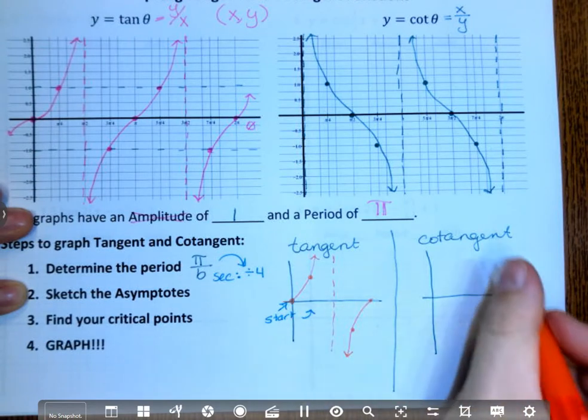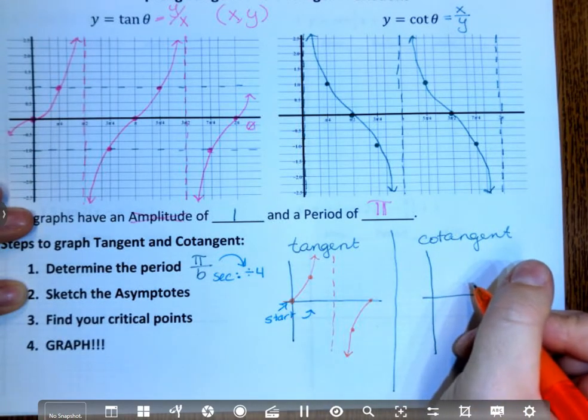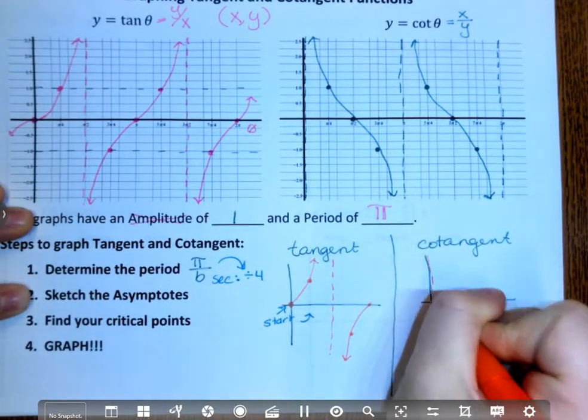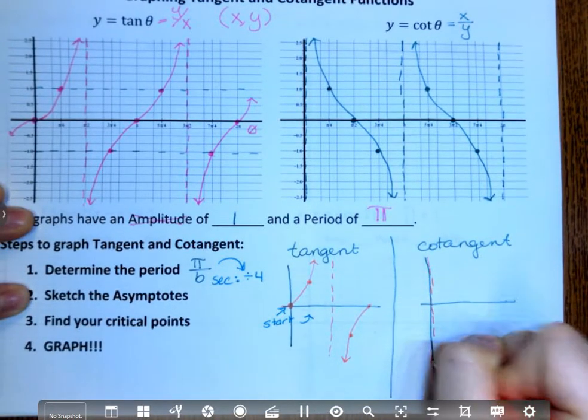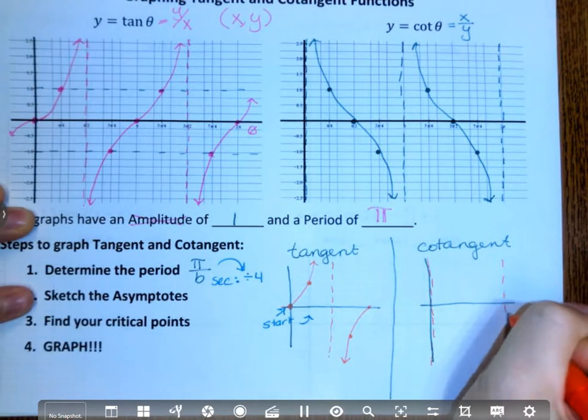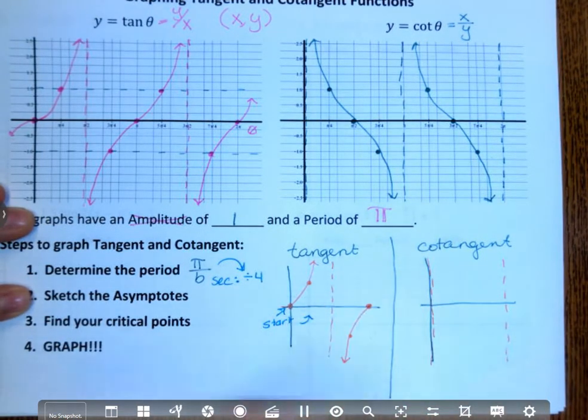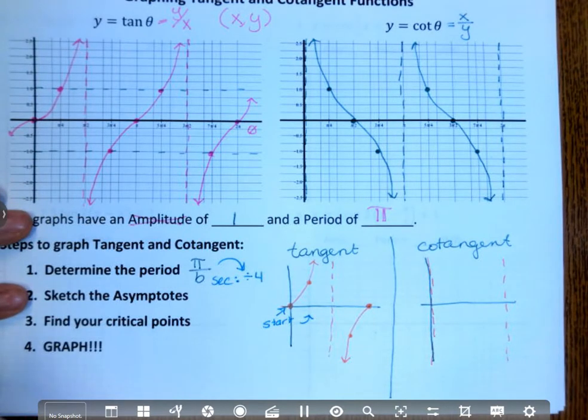Cotangent starts with what? An undefined, with an asymptote. Cotangent is going to start and end with an asymptote. Tangent starts and ends with a point. Tangents start and end with a point with an asymptote in the middle.